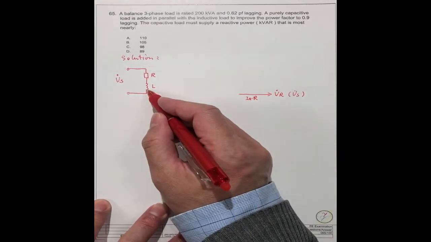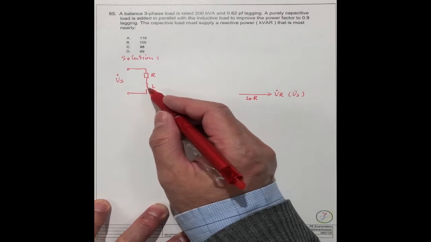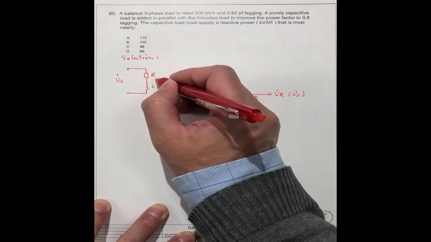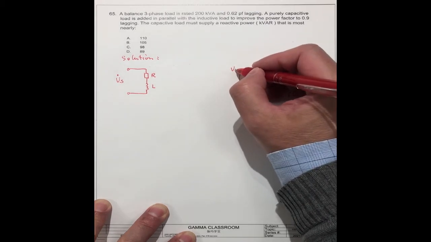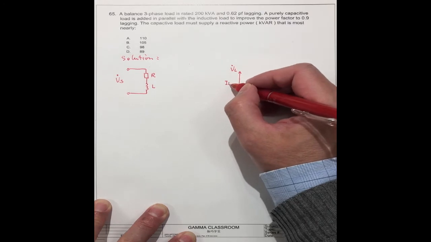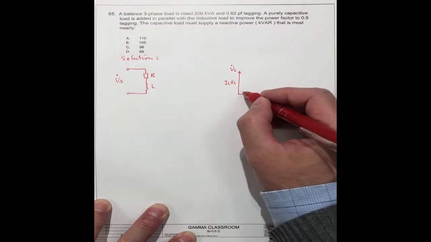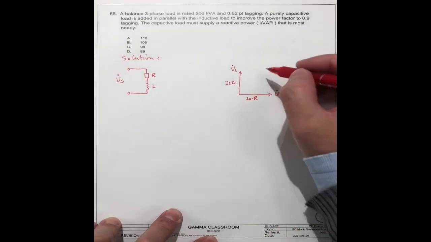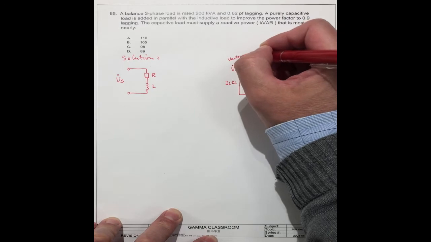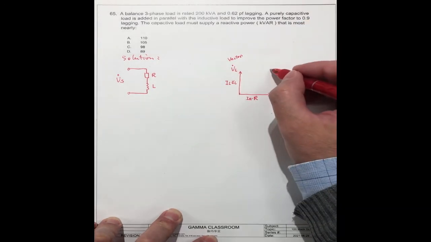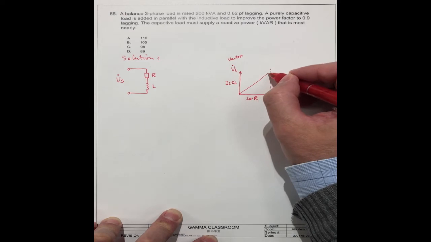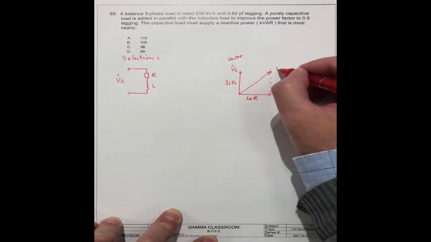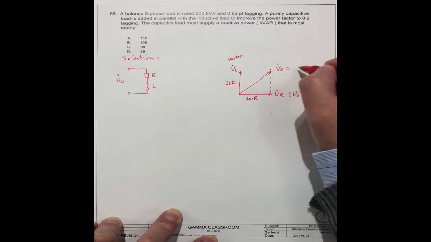We know for the inductive, the voltage leads the current by 90 degrees. The current is the same, IR, so this voltage VL is IL times XL, at 90 degrees. So the vector sum VZ equals VR plus VL.